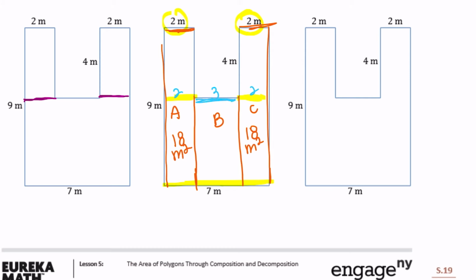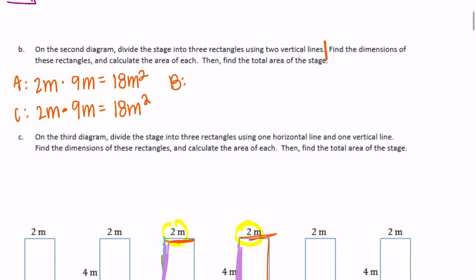So it looks like the base is 3, and the height, they have not given us the height, but we know the whole thing is 9. This part is 4. So what's left, 4 plus what would give us 9? It would be 5. So this is 5 meters. So we have 3 meters by 5 meters, which gives us 15 meters squared.